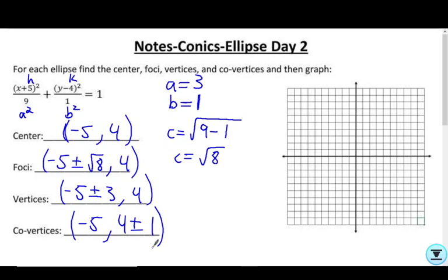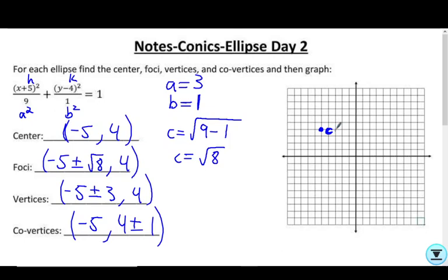Now all we have to do is graph these. So let's start with our center. Our center's at -5, 4. 1, 2, 3, 4, 5. 1, 2, 3, 4. So here, that's my center, and I'm going to label it with C for center. My vertices, since this is horizontally major, we're going to take our x value and add and subtract 3.